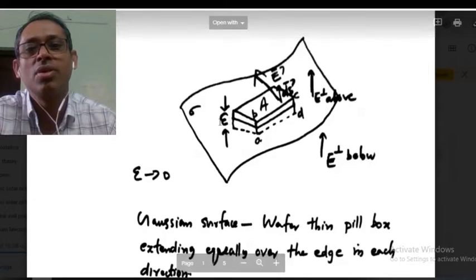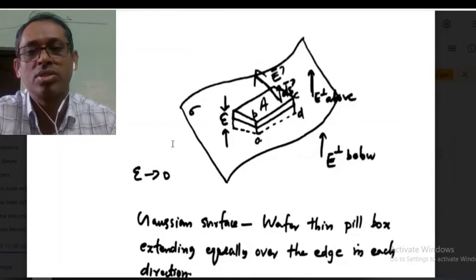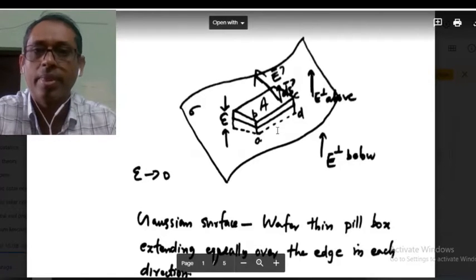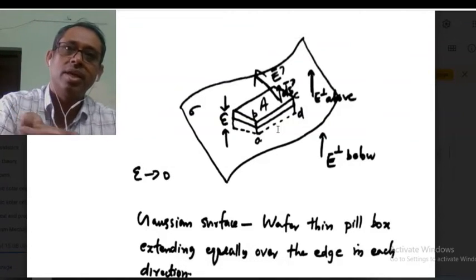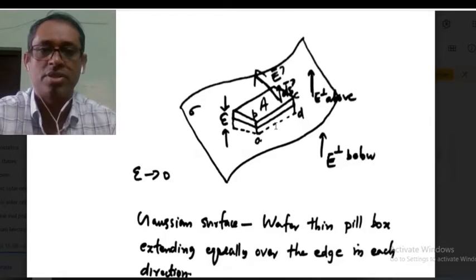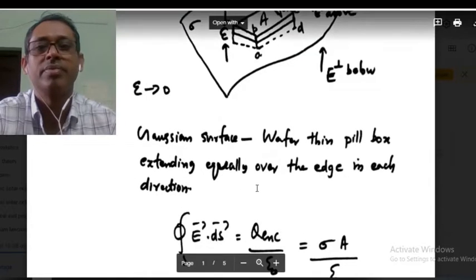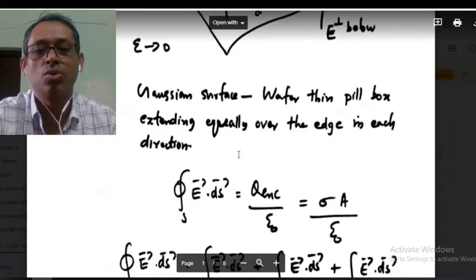This epsilon, the thickness of the box, tends to 0. So this is the Gaussian surface that we consider, and here we apply Gauss's law.